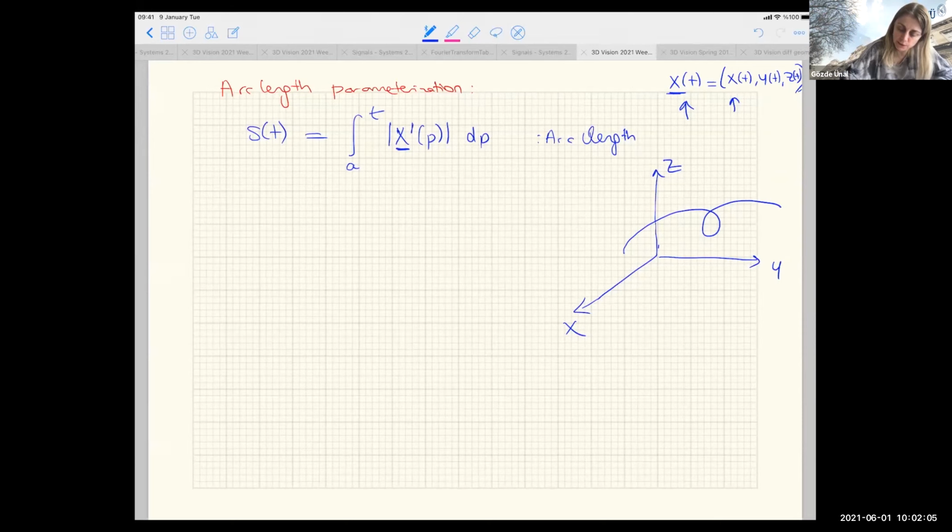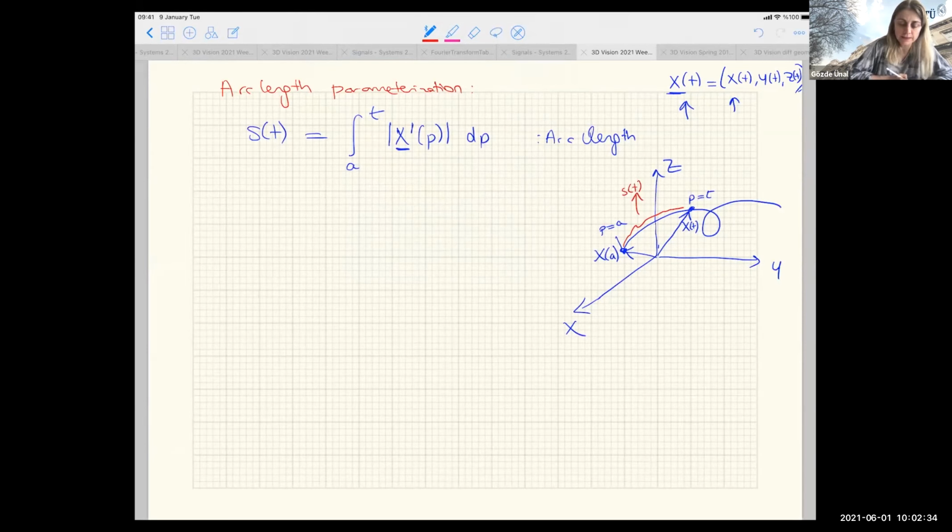So maybe the starting point, if it starts from a, this is my x of a in 3D space, okay? The parameter is equal to a here. So here is, let's say, the parameter equal to t. That's the vector x of t, okay? And we were talking about the length of this curve, right? Length of this section, s of t.